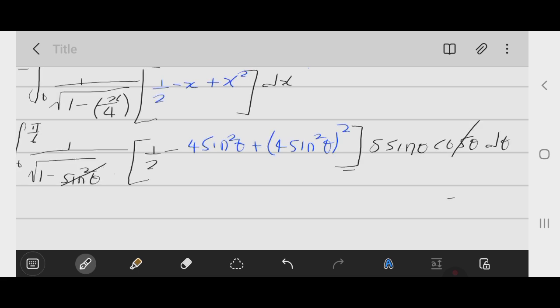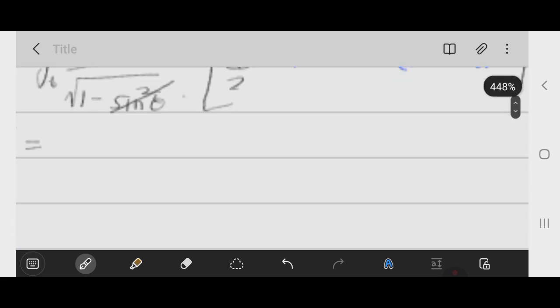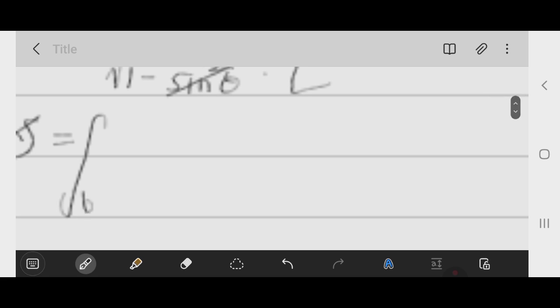Now this can take good care of this expression down here, then the rest of the integrals can come in.